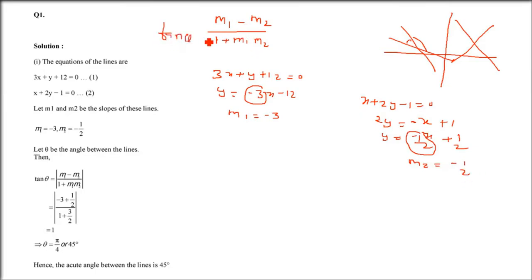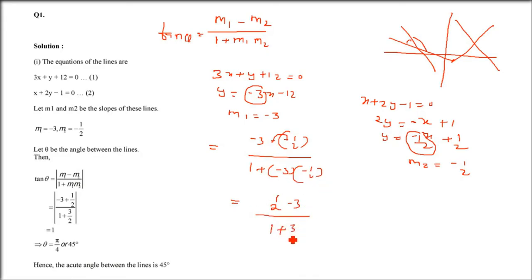Now I'll put this in the formula. m1 is minus 3, m2 is minus half, and 1 plus minus 3 into minus half. This goes plus, so this is minus 3 plus half, which is half minus 3, over 1 plus 3 by 2.